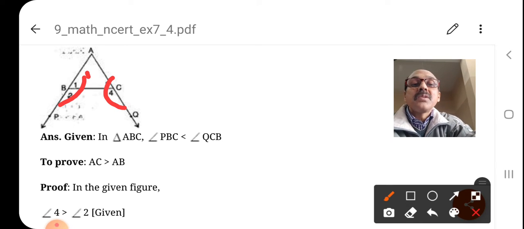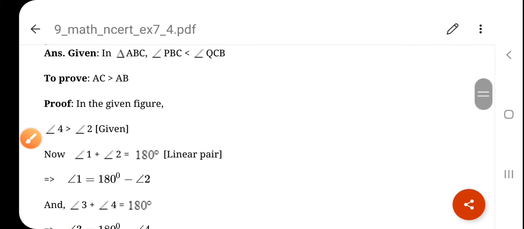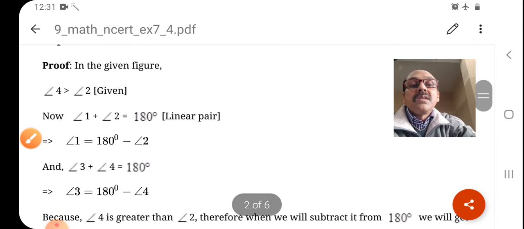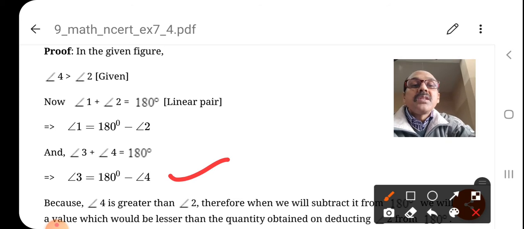So 1 plus 2 is 180 and 3 plus 4 also 180 degrees, linear pairs. So 1 equals 180 minus 2, and angle 3 equals 180 minus 4.